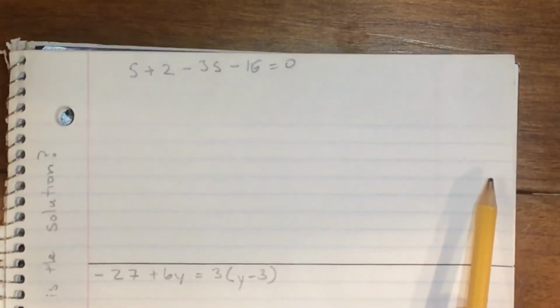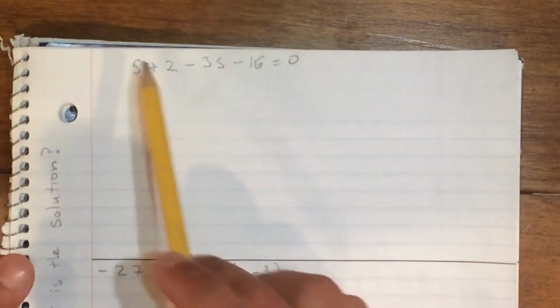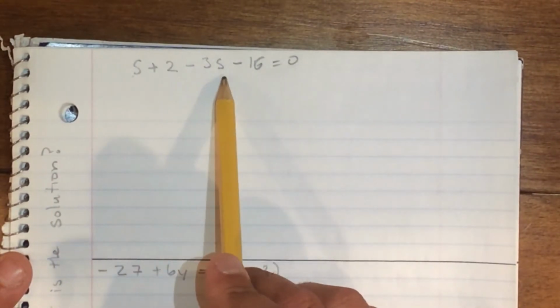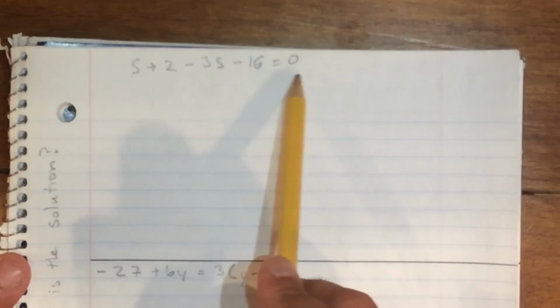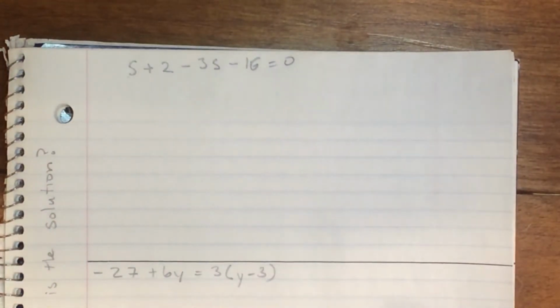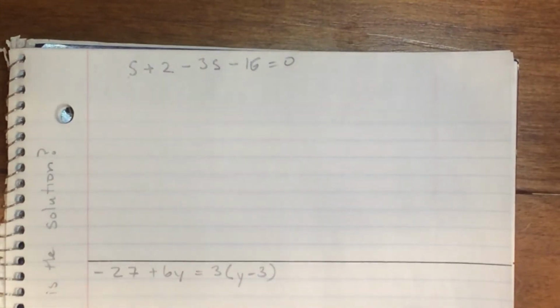So we're going to go ahead and go to our first one here, which is s plus 2 minus 3s minus 16 is equal to 0. The first thing we're going to do is use the commutative property to rearrange everything.